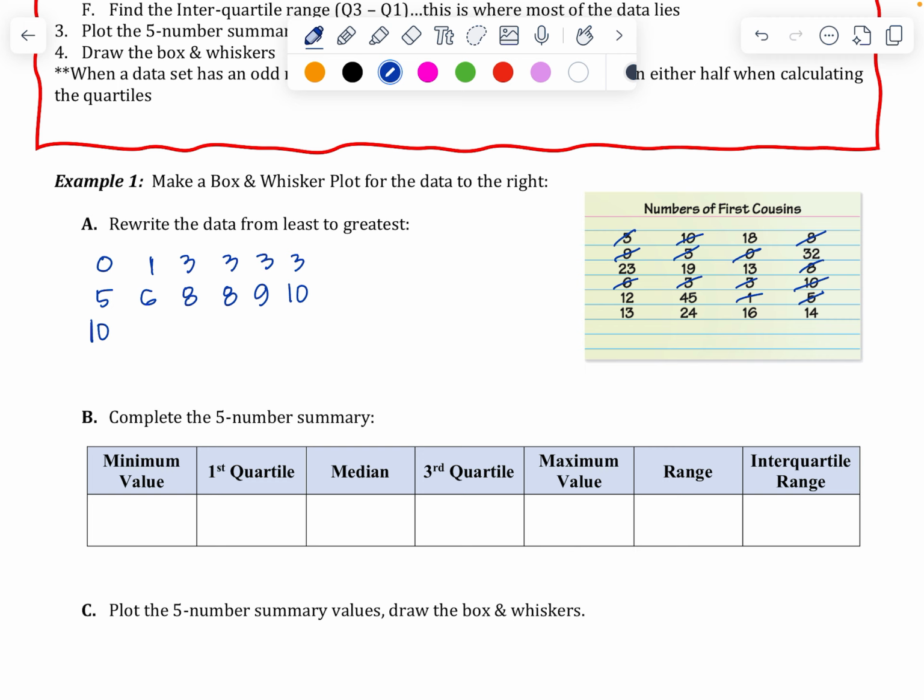All right, let's see. 12. I see some 13s. 13, 13.